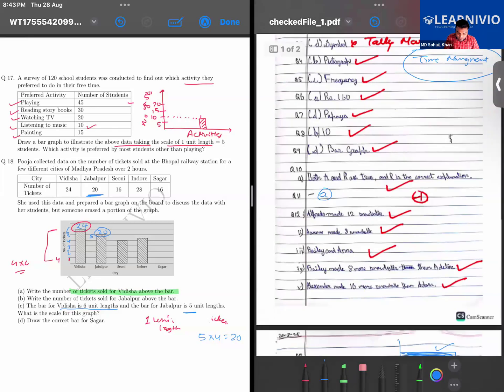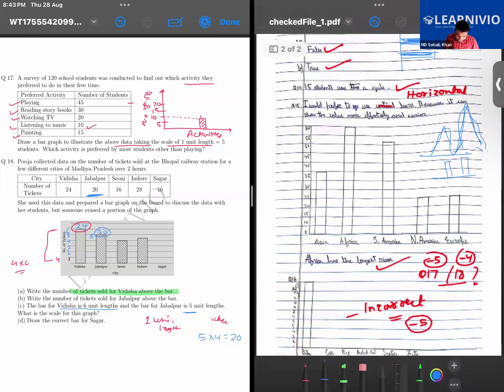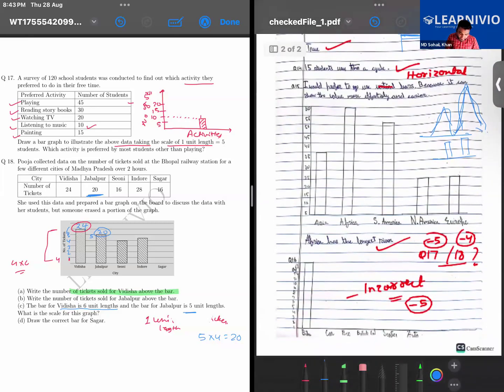Also, there's some slight error in the bar graph in this one. The gap between the bars is not equal; it's varying actually. So whenever you draw this, make sure the gap between the bars is uniform. Okay, Khaja? Okay, sir.